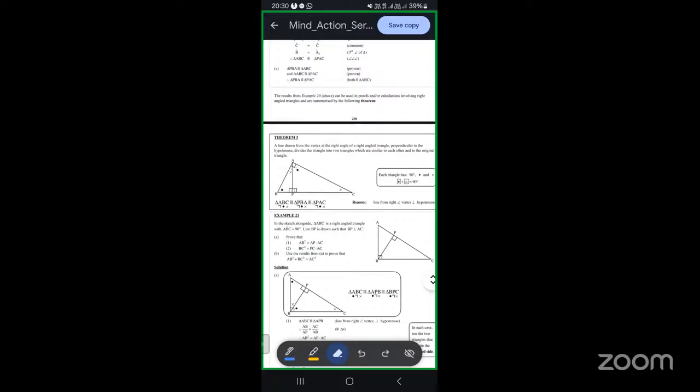It's not that horrible. It's the same as the one we just did previously when we were dealing with the similarity in circle geometry, whereby you split that squared part, and then you manipulate your equation so that you have the fraction on the left-hand side and the fraction on the right-hand side.